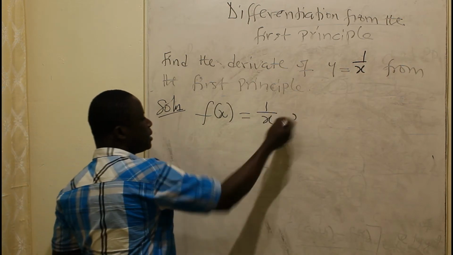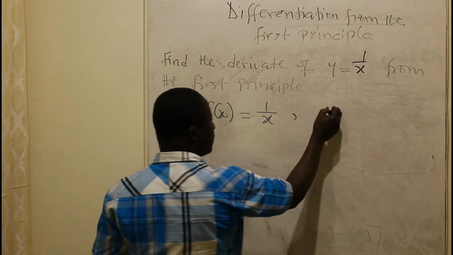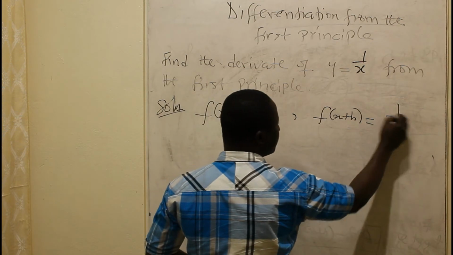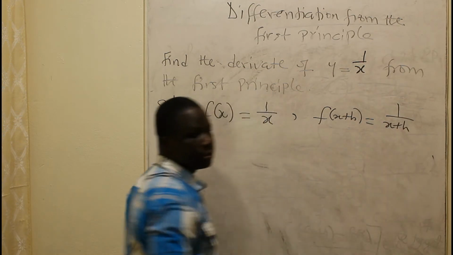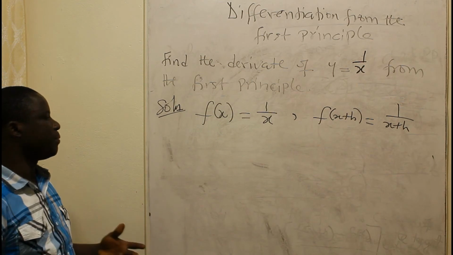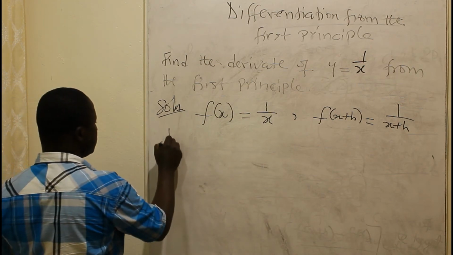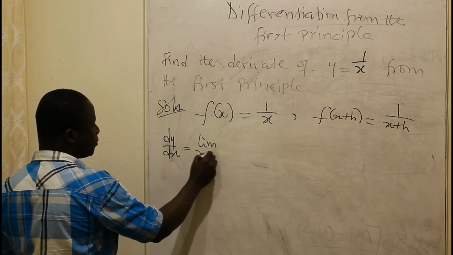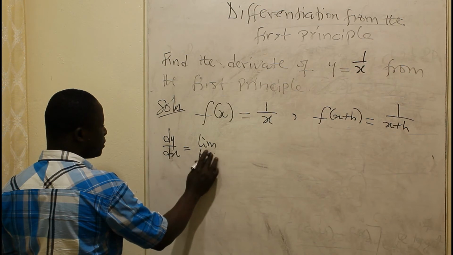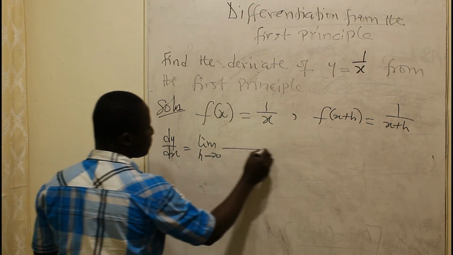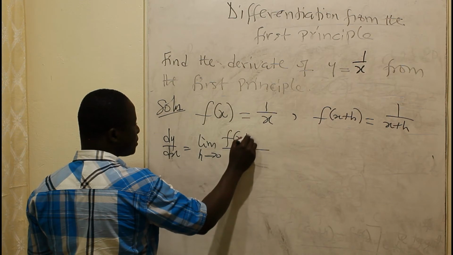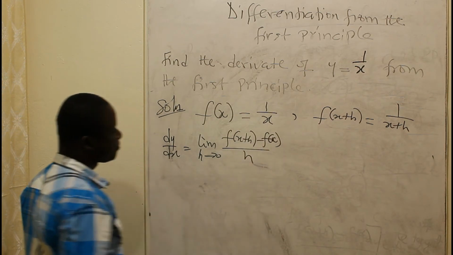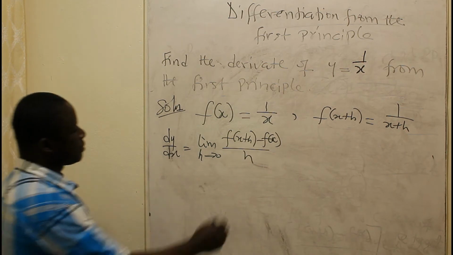And if you put in x plus h, which will be f of x plus h, the value will now be 1 divided by x plus h. So from the first principle, we quote dy dx equals limit as h approaches 0 of f of x plus h minus f of x, divided by h.